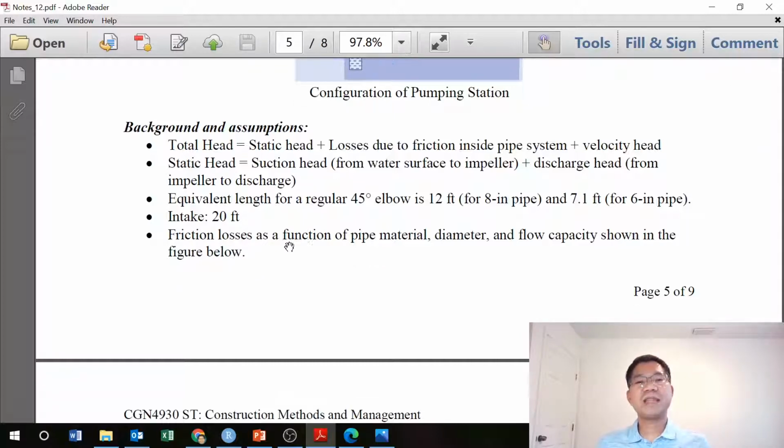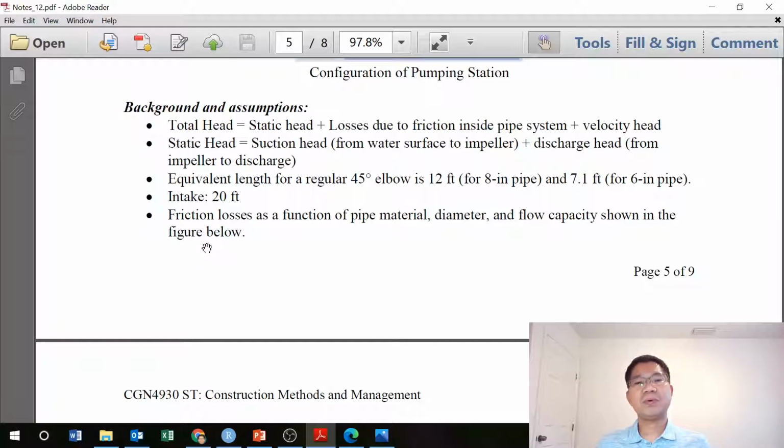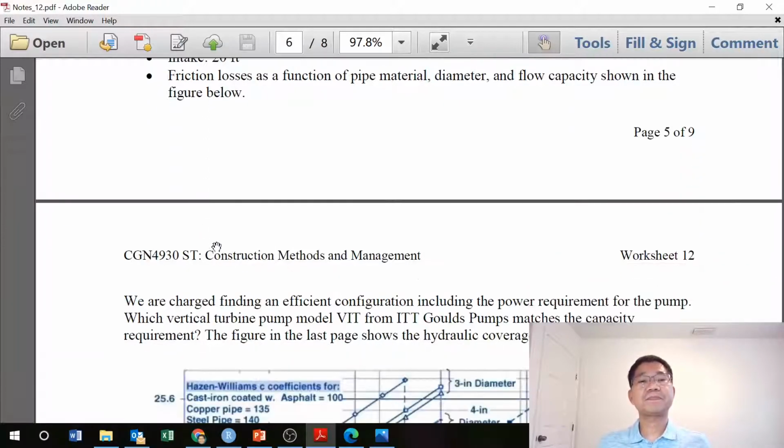Friction losses as a function of pipe material, diameter, and flow capacity are shown in the figure below. So in the water supply system class that we learned in the first portion of this class, we used the table. In this case, they give you the chart to determine the friction loss.